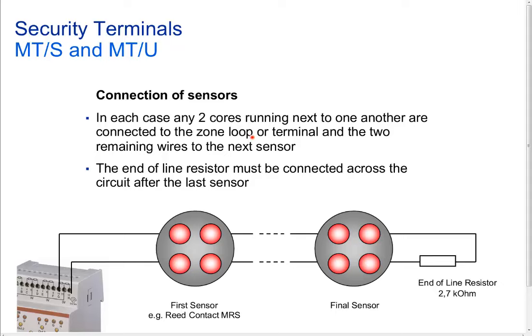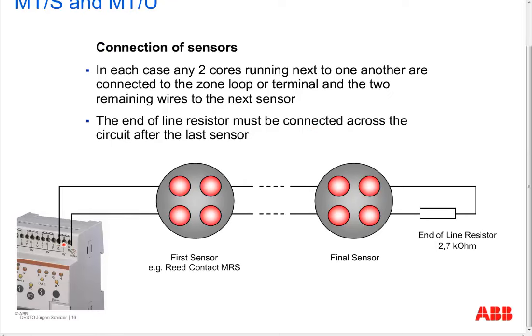If you have a look at all these conventional sensors we have in our range, you will find sometimes only 2 wires, like a motion detector, for example, which can be connected easily to such a zone input of a security terminal. Sometimes we have 4 wires in such a device, for example the window contact. And very often people are in doubt how to connect this. It's very simple. You take 2 wires which are next to each other, connected to the zone input.